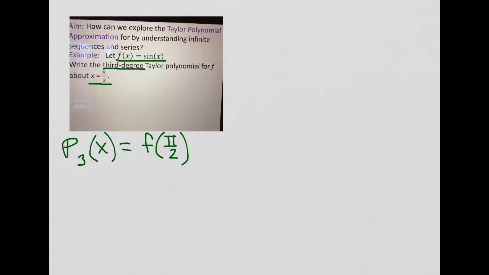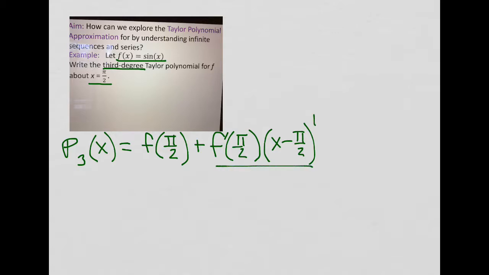So it's going to be f of pi over 2. Then we're going to add where we need our first derivative. So f prime of pi over 2. This is going to be multiplied by x minus pi over 2 to the first power. And this would be divided by 1 factorial.